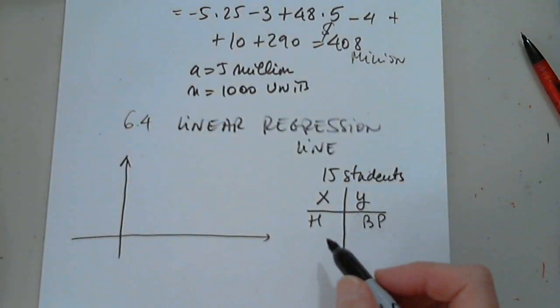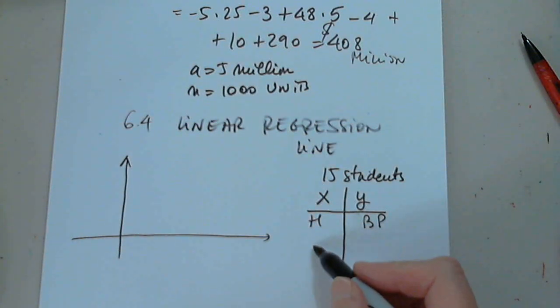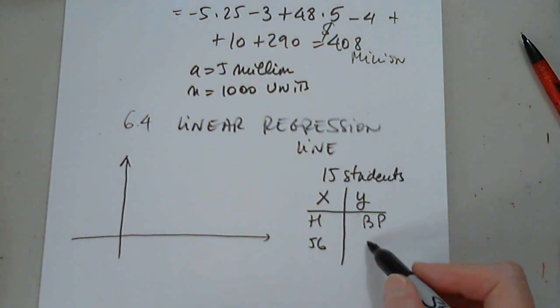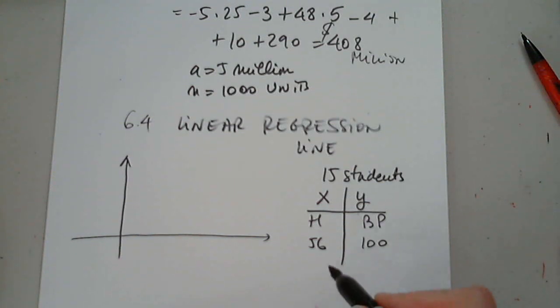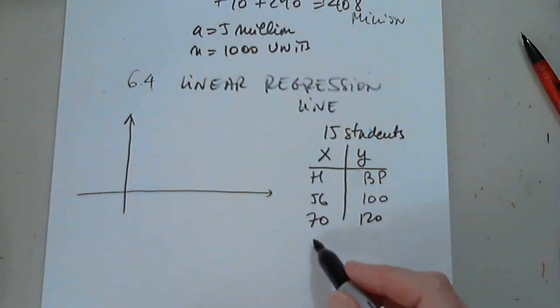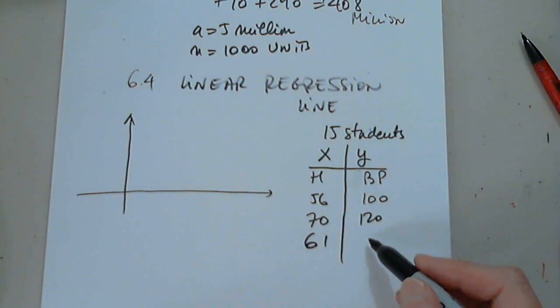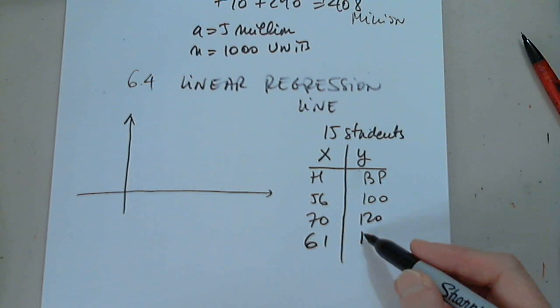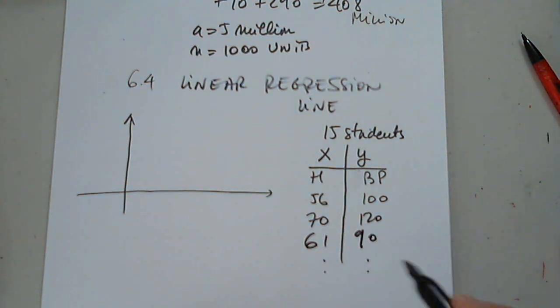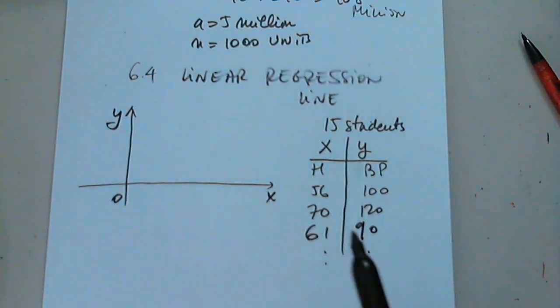Let's say I determine height 56 and 100, 70 and 120, let's say 61 and 90, and so on and so forth. Now, this is my x and this is my y.